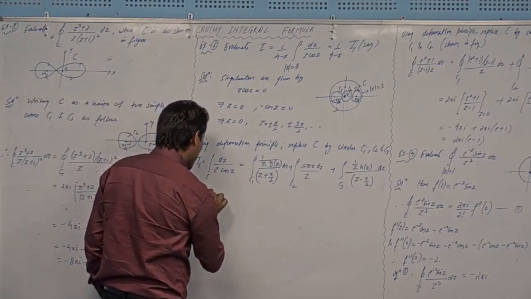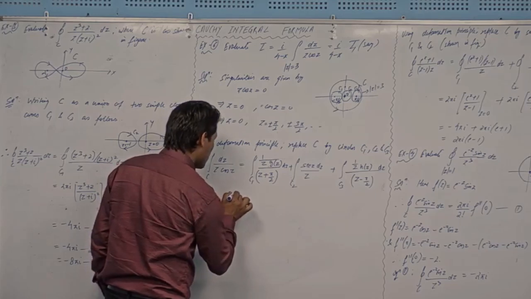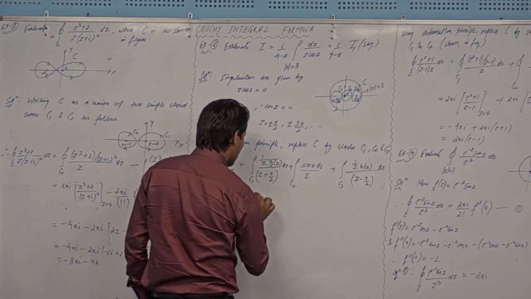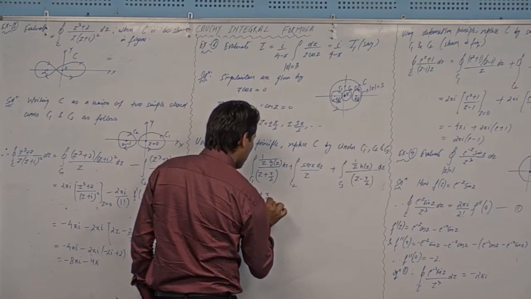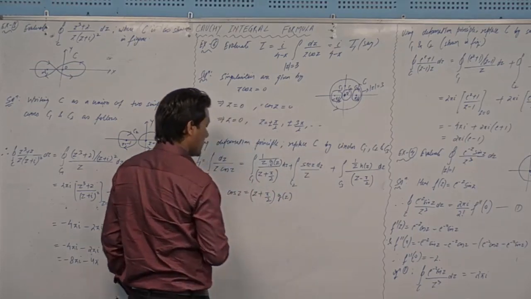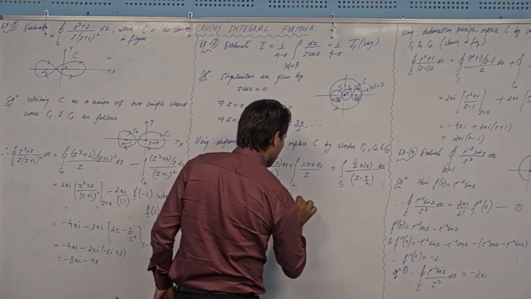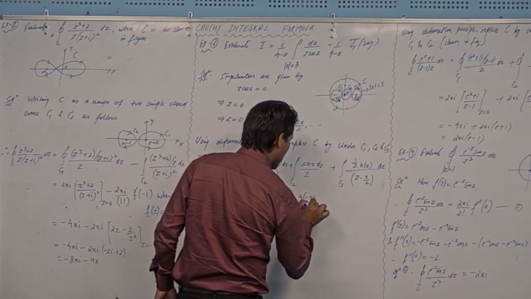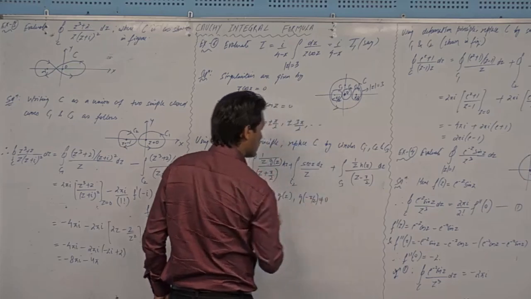Where we have assumed that cos z is actually equal to z plus pi by 2 into g(z), right? And g at minus pi by 2 is not equal to 0, right?